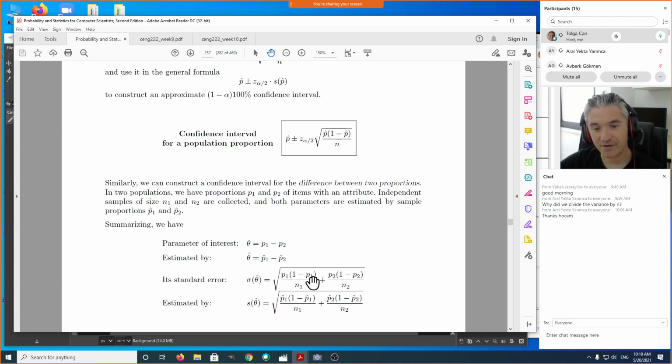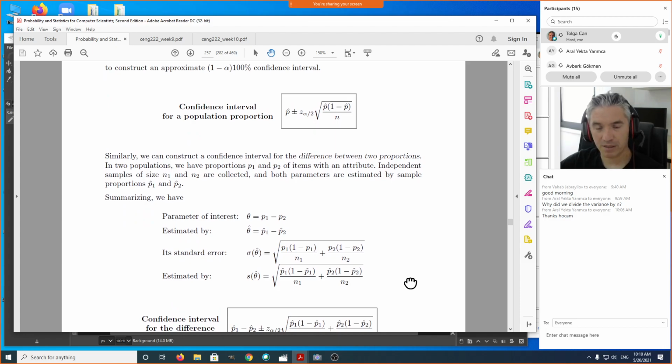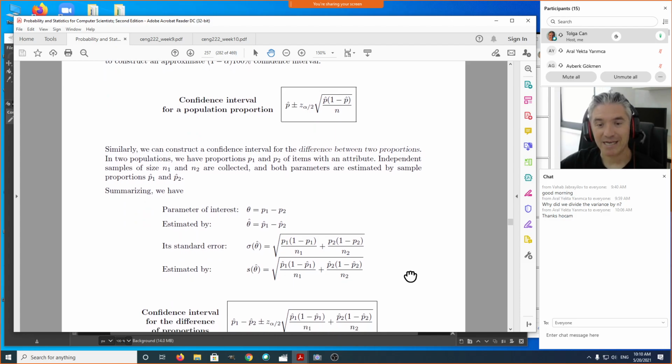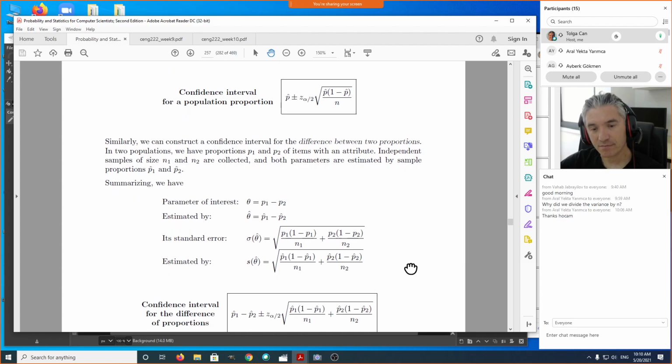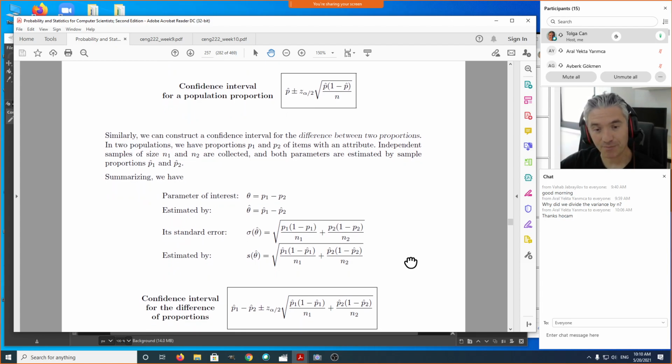Therefore, for its standard error, just like you did for the population means when we found the confidence interval between two population means, we add the standard errors of these individual variables. Again, this follows from linearity of expectation.